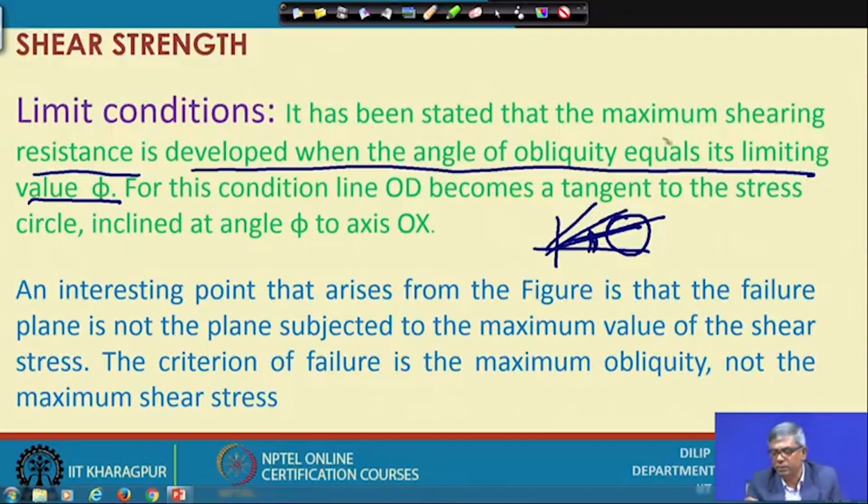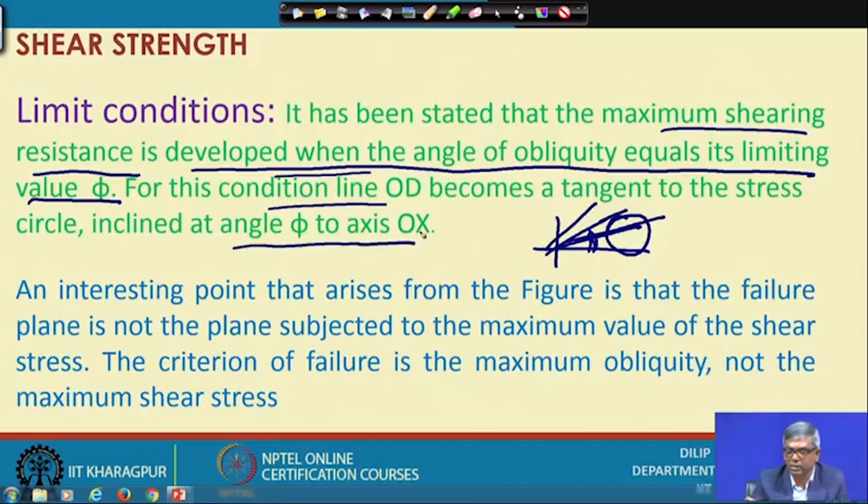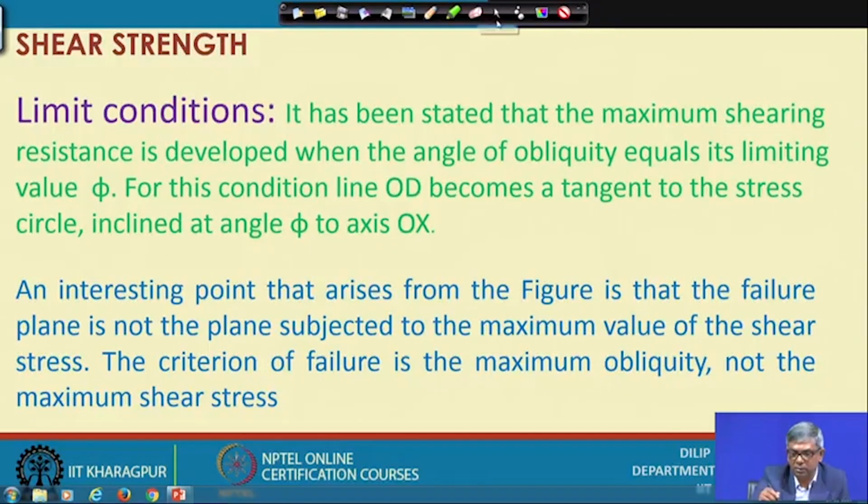That means the maximum shearing resistance is developed when the angle of obliquity equals its limiting value phi, and for this condition the line OD becomes a tangent to the stress circle, inclined at angle theta to axis OS. I can show you in the next one.